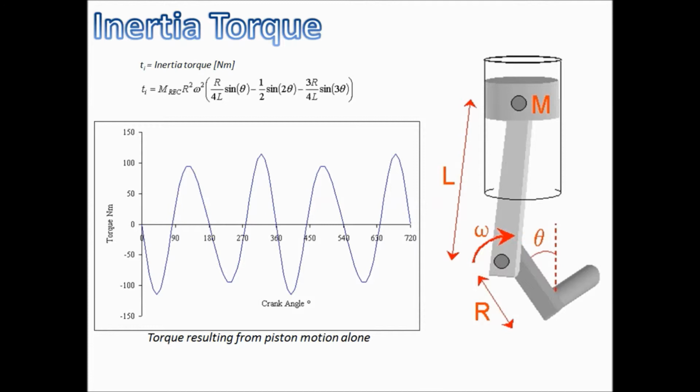L is the length of the connecting rod, and theta is the crank angle, which is measured from the vertical axis to the position where the crankshaft is. By using this equation, you can plot the graph of torque versus the crank angle, and it is plotted with the range of 0 to 720 degrees.